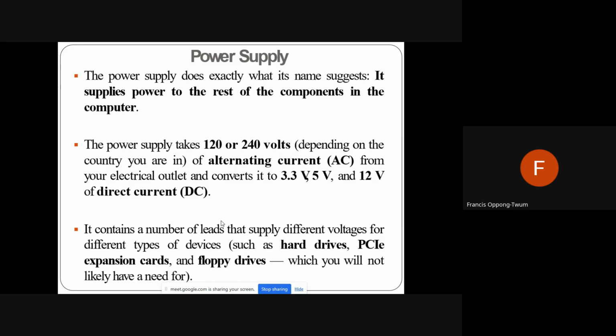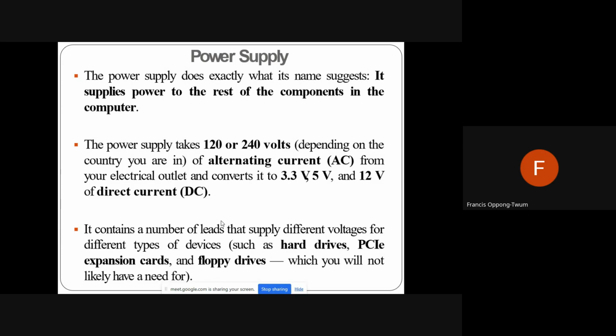The power supply takes 120 to 240 volts, depending on the country you find yourself in, of alternating current. That's the AC from your electrical outlet.